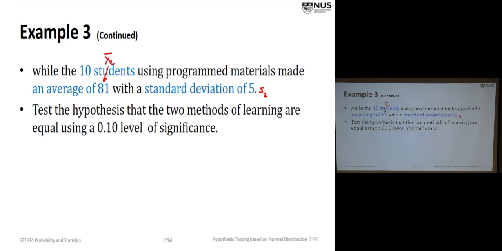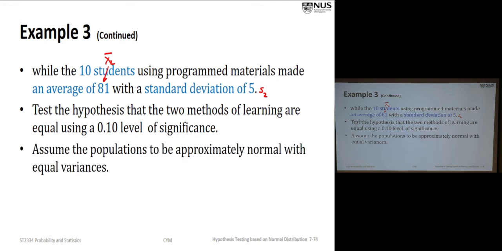So what does it mean? It means that what we really want is to find out whether there is a difference or not, but we did not say which direction to go. So basically the alternative is mu1 does not equal mu2. Here we assume the distribution is normal. Don't confuse: here we are saying that the underlying distribution is close to a normal distribution, so that's why we use normal approximation.